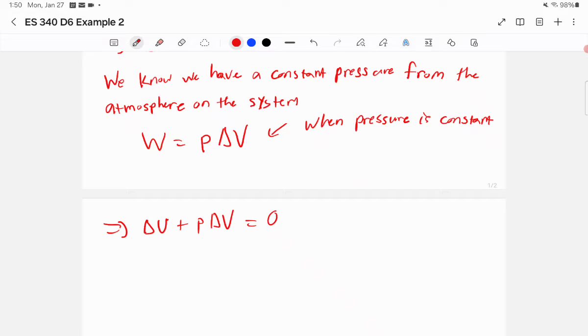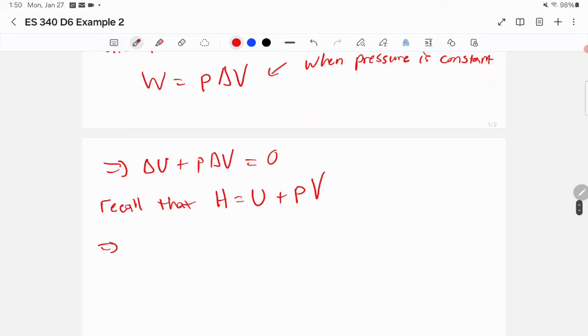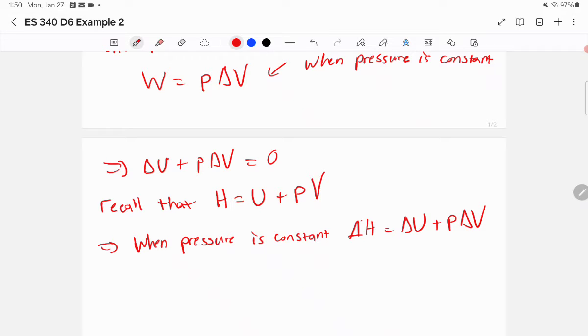Now this is probably the hard part to wrap your mind around, but remember that H is equal to U plus P times V. That means that when the pressure is constant, delta H is equal to delta U plus P delta V. If the pressure is not constant, we can't do that, but in this case the pressure is staying constant, using the assumptions that we're making, it's only experiencing pressure from the atmosphere.